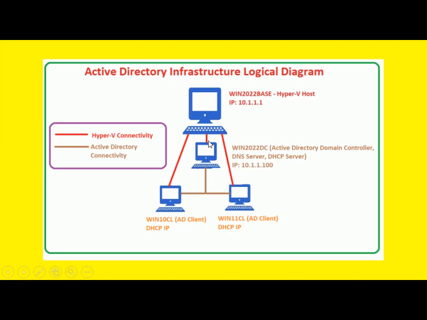So all will be having the Hyper-V connectivity, and through this Active Directory domain controller, other 2 client machines will be having Active Directory connectivity. A brown kind of connectivity line I have just showed. Okay, so I hope this logical diagram is clear to you. Now let's start with our practical steps.